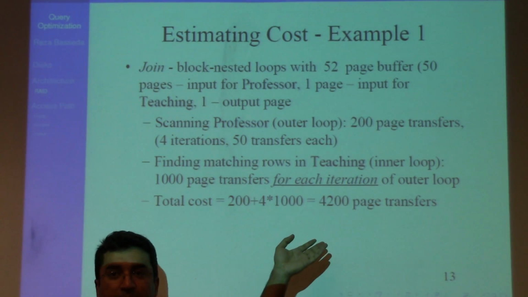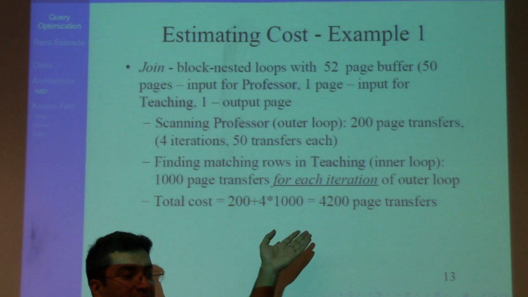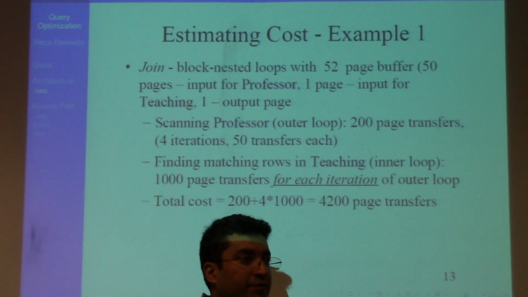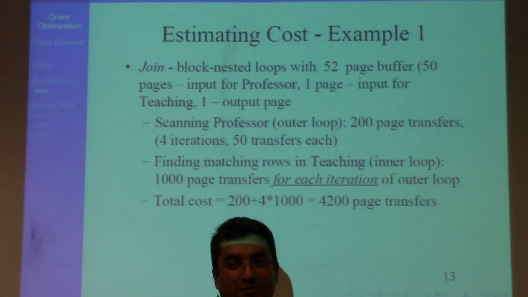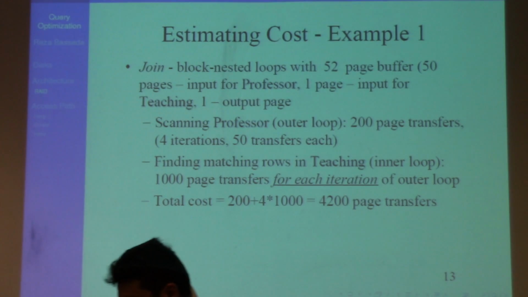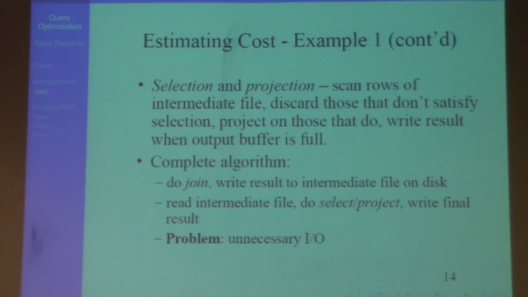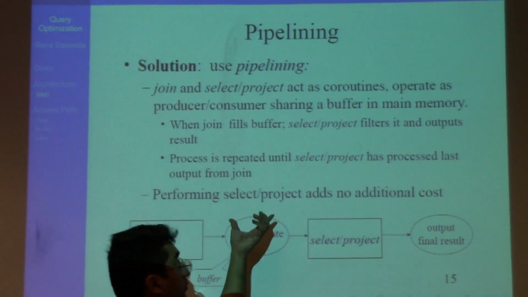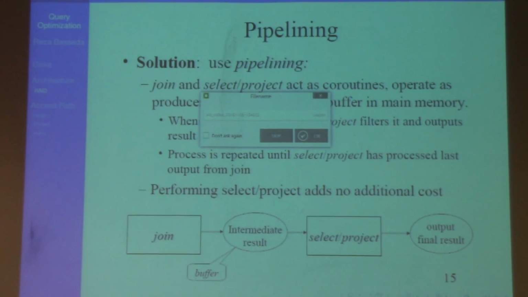Is that stupid? Yes. Why? Because when we were joining it, we could also check the conditions. So one technique could be using pipelining. So what we are doing is we can perform select and project.